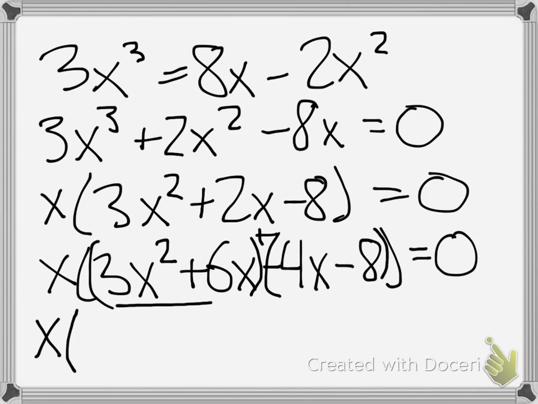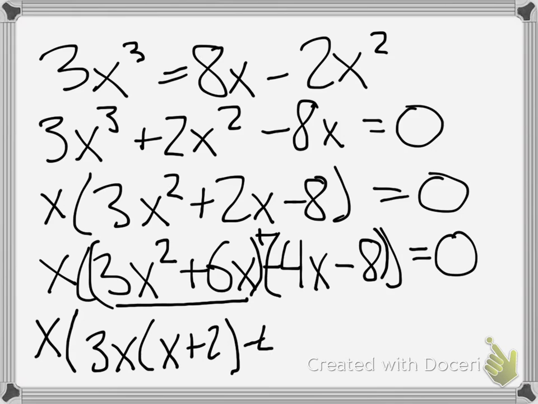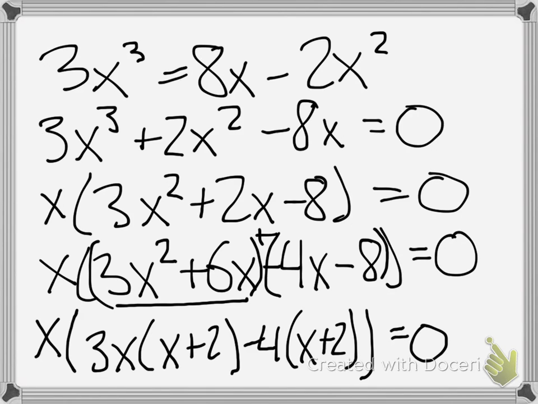When I look for my GCD on the inside here, I have 3x times x plus 2. Here I just have -4, x plus 2. Perfect, that went great. Now we're going to have to go to the next page. I have x times x plus 2 times 3x minus 4.